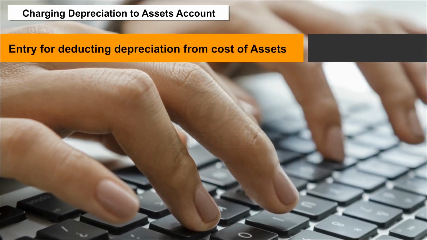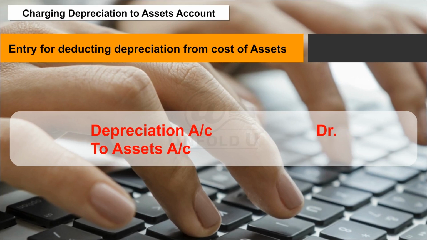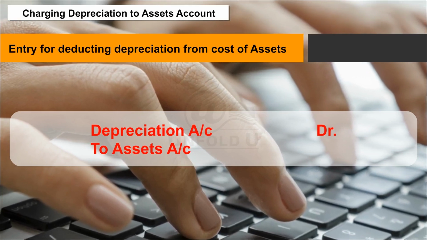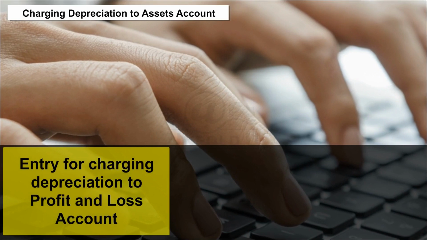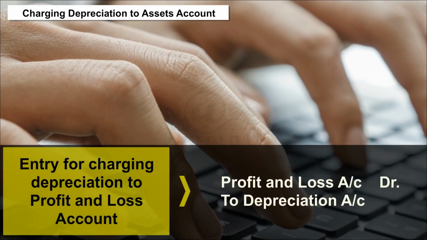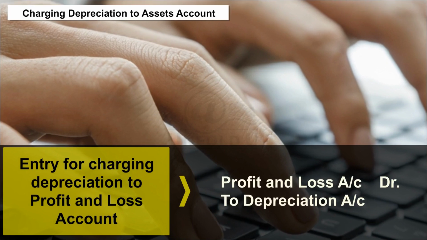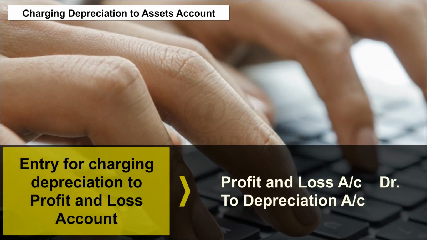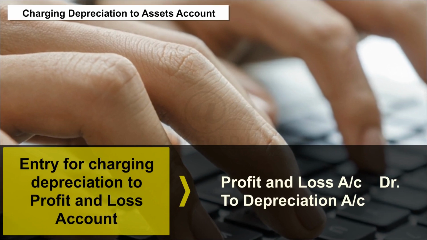Entry for deducting depreciation from cost of assets, depreciation account debit to assets account. Entry for charging depreciation to profit and loss account, profit and loss account debit to depreciation account. In balance sheet, the assets will appear after deducting depreciation from the cost of assets.